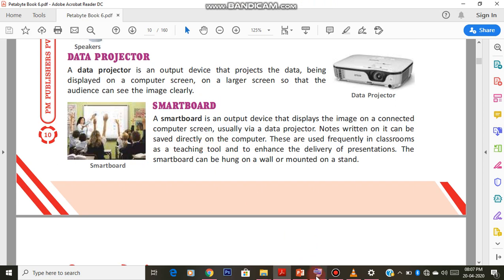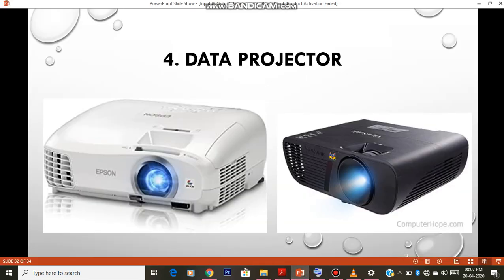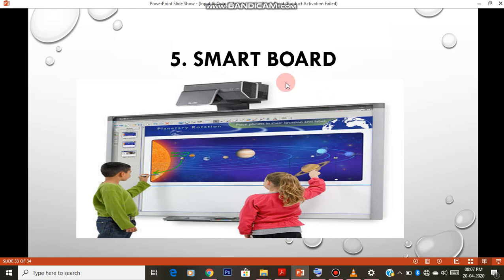Next is smart board. As I told you before, in the input devices, the complete smart board is not an input device. Only the touch screen, the screen used in the smart board, becomes the input device. But the smart board is an output device because it just acts like your monitor, right? In our computer lab, wherever the teacher sits, whatever we work on in the computer will be displayed on the big screen on the board, right?